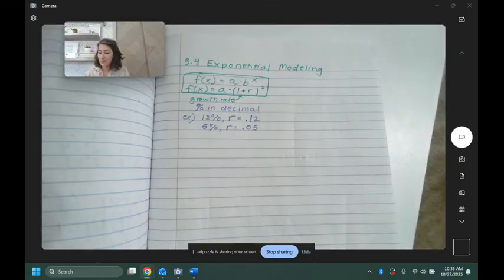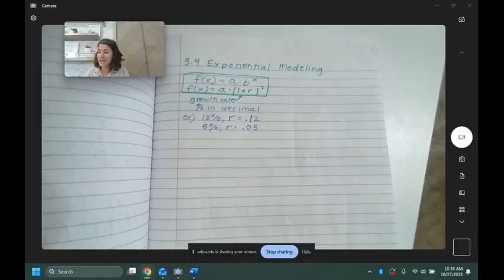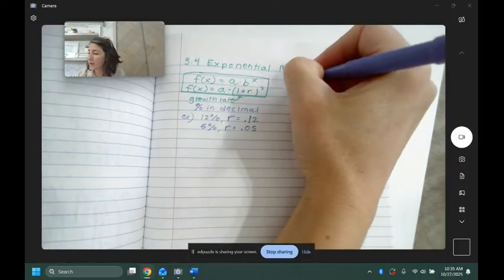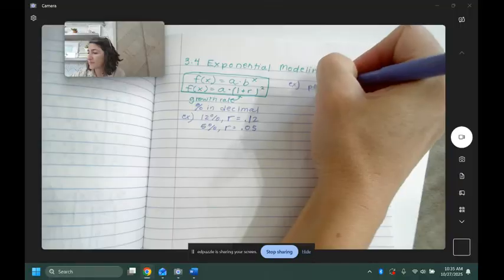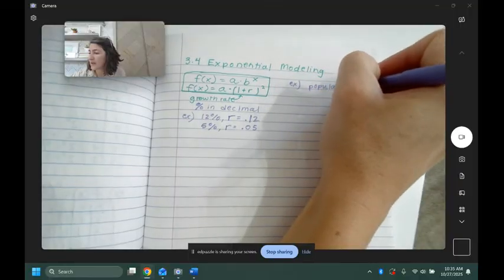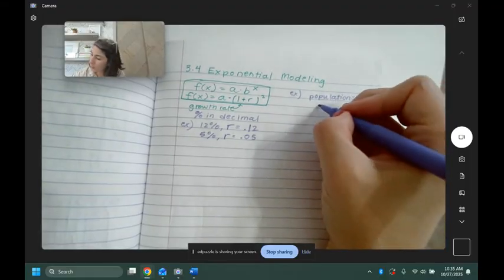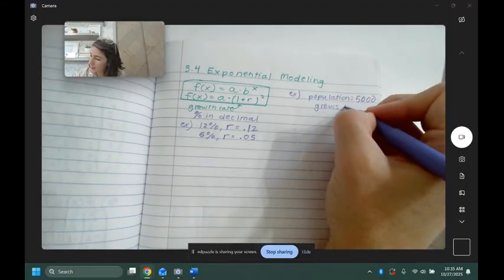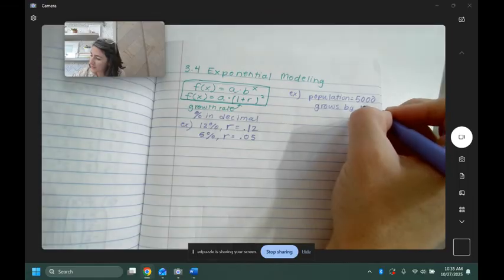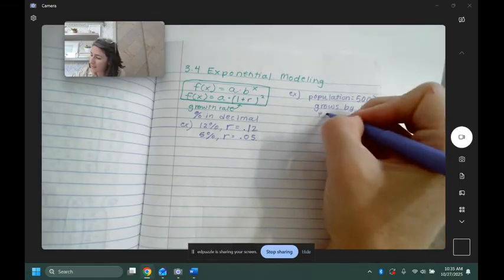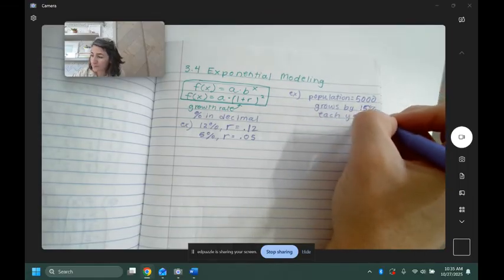Okay, so let's have an example. Let's say a population of a town is 5,000 people, and it grows by 15% each year.